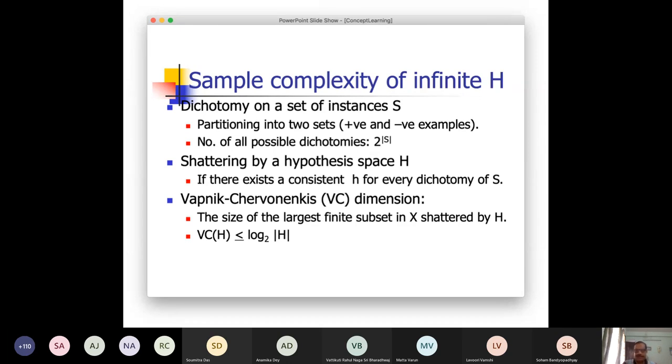But one fact you can trivially notice is that this dimension is less than the logarithm of the size of the hypothesis space.